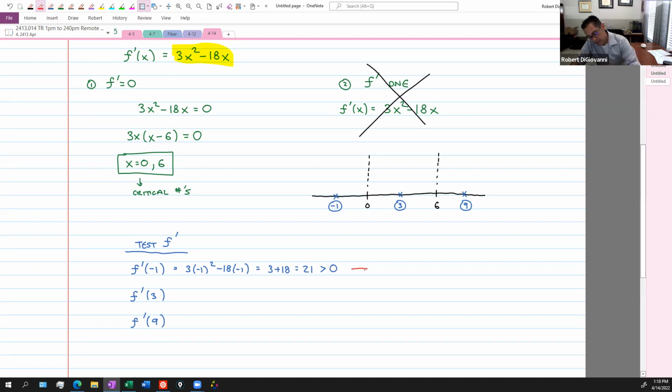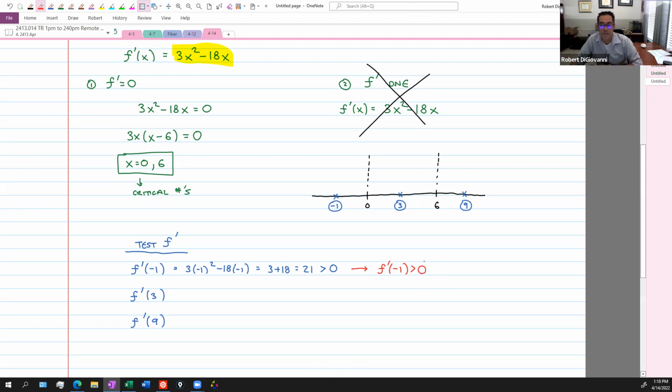Because that tells me that the derivative at -1 is positive. My derivative is positive, or you could say the derivative is greater than 0. Same thing.